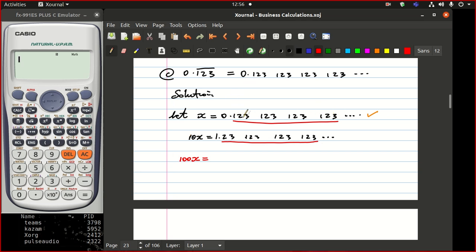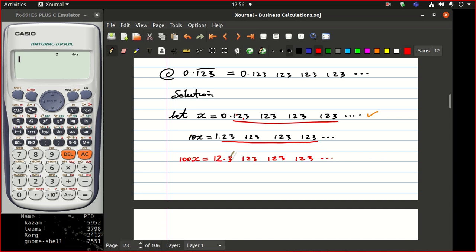So I want to move this decimal point how many times? 2 times, because I have 2 zeros there. I want to move it from here to there and there. So we'll end up having 12 point, because now it moved 1 2, it was here. So we end up having 3 here, and then we have 1 2 3, and then we have 1 2 3, and then we have 1 2 3, and so forth.